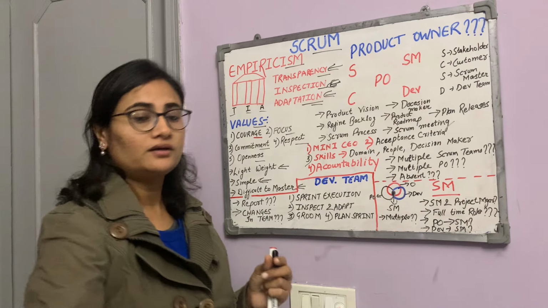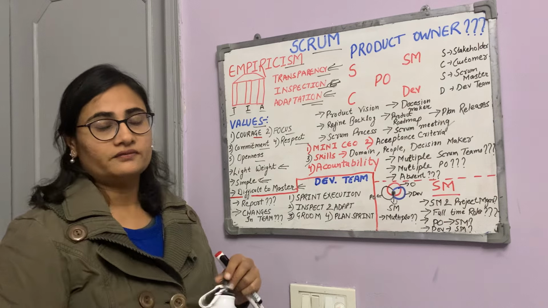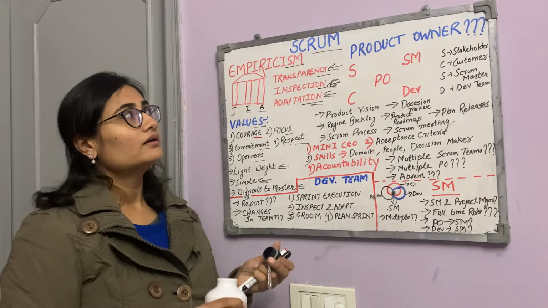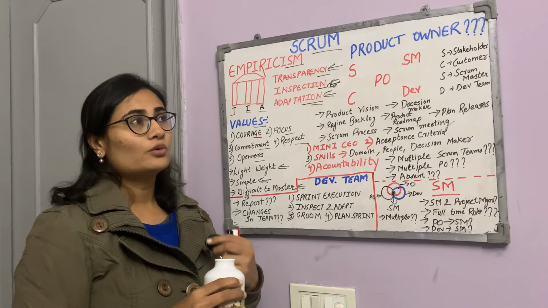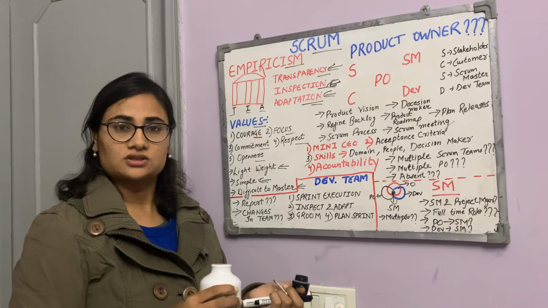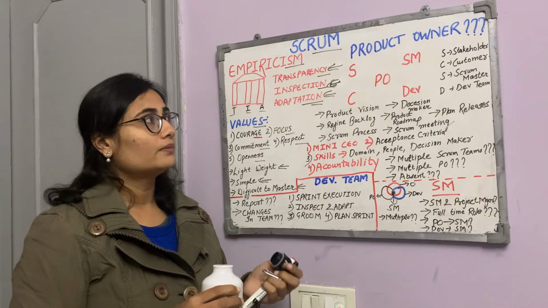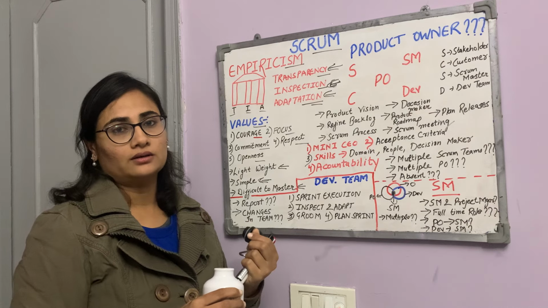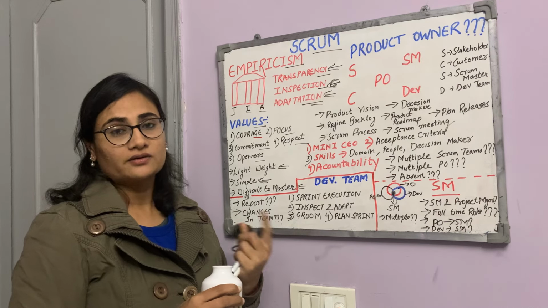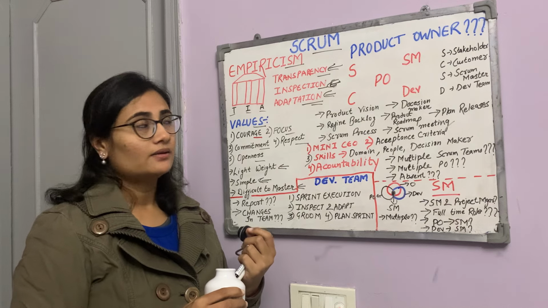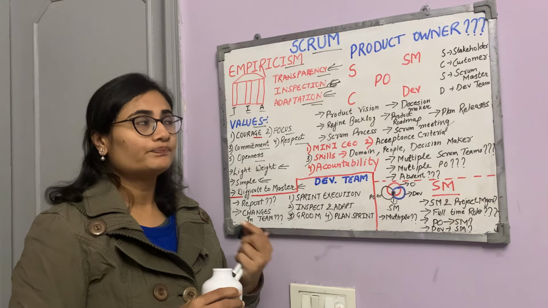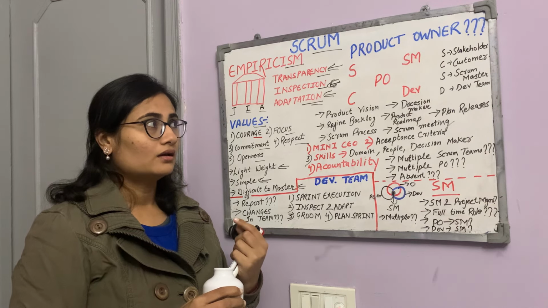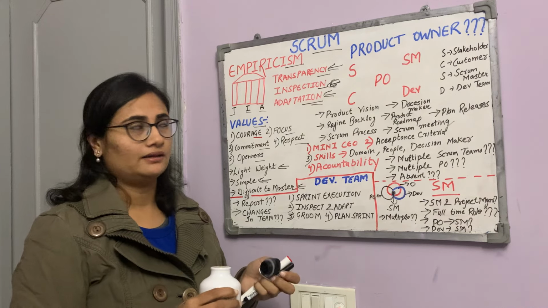Now the most important topic which I wanted to discuss to help you with your situational questions in your exam is these 3 roles and clarity of understanding of their roles and responsibilities, because that will help you in answering your questions correctly in the exam.